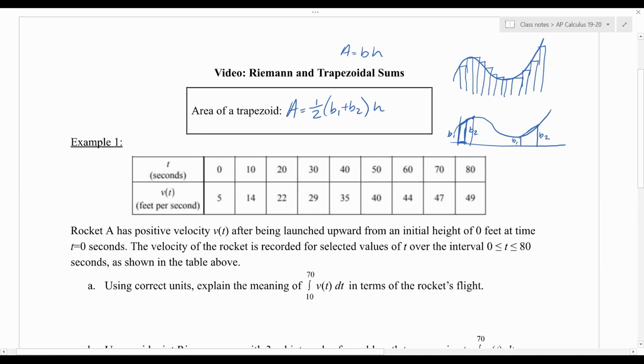You can see how a trapezoid might be better at approximating the area than rectangles would be, because it cuts off that extra space that we had here by creating a line between them. So let's do an example using a table and compare the midpoint versus a trapezoid.